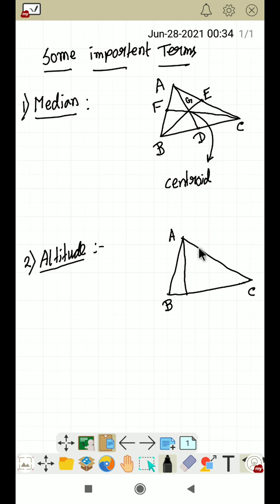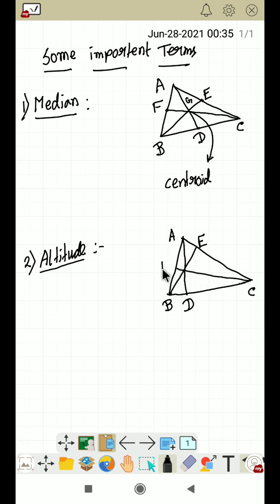Suppose we want to find the altitude corresponding to this side, that will be this length, a perpendicular, and if you are choosing this AB side, that time the perpendicular is this one.